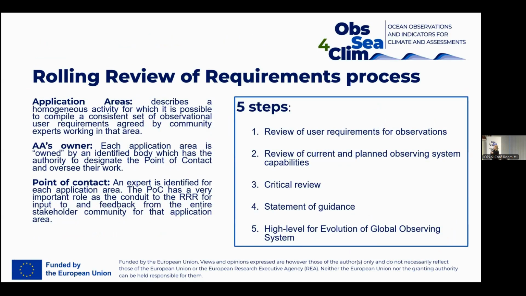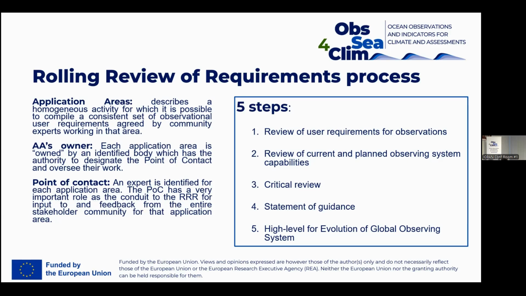So the RRR process has application areas. Climate was one, together with numerical weather prediction, for example. An application area describes a homogeneous activity for which it is possible to compile a consistent set of observational user requirements agreed by community experts working in that area. So it's very precise.